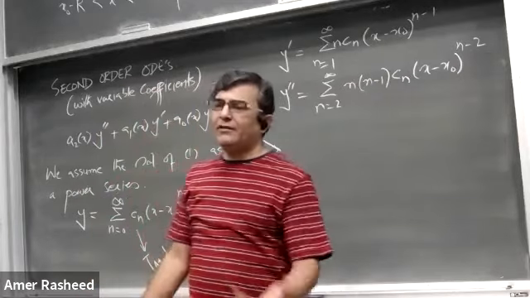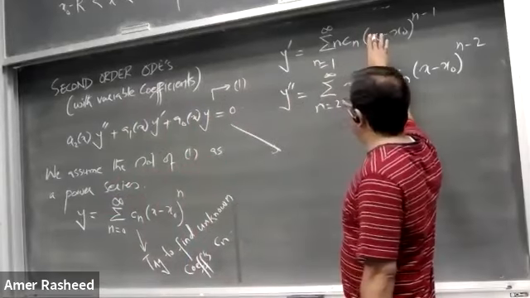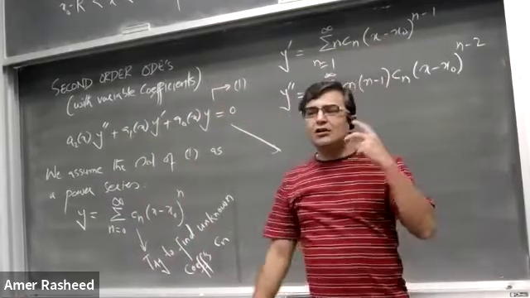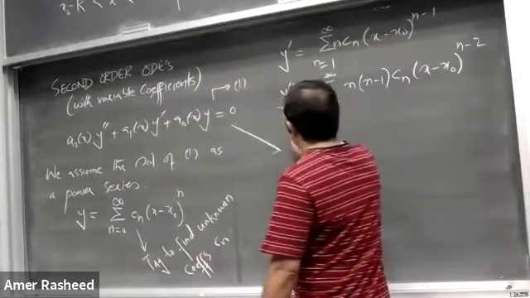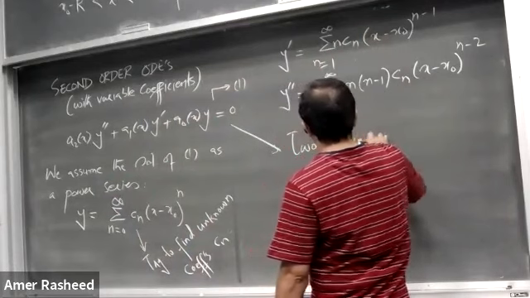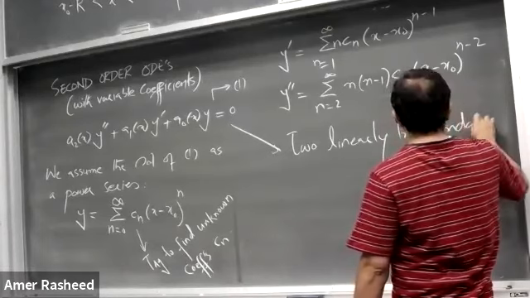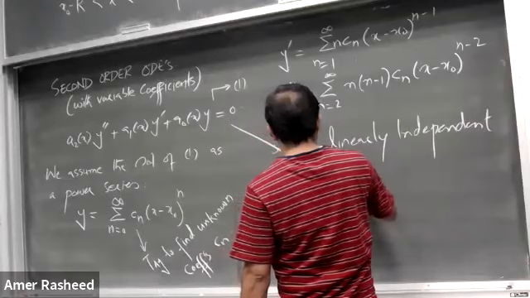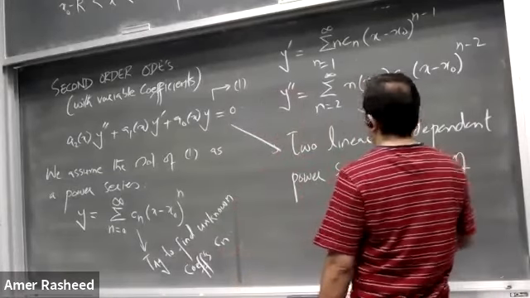So after inserting these expressions of the series into the differential equation, we normally get two linearly independent power series as solution of 1.